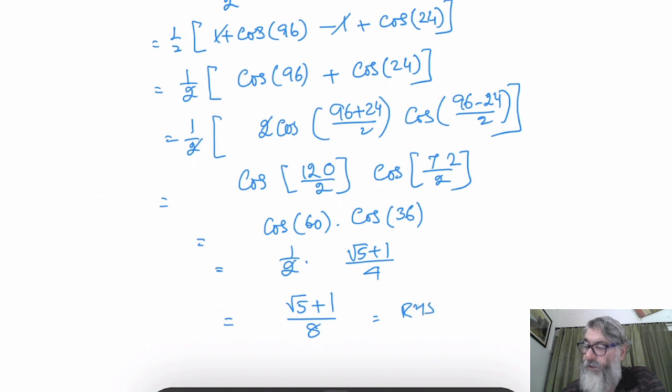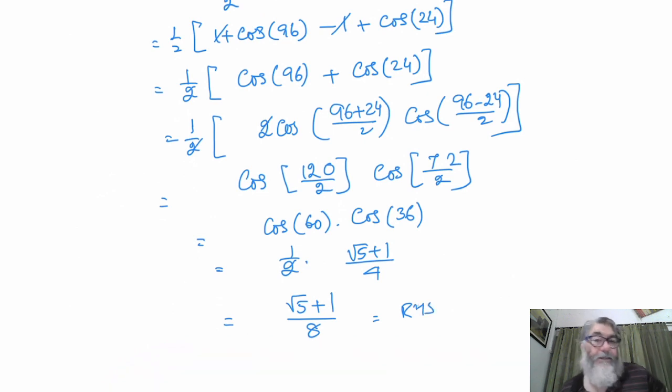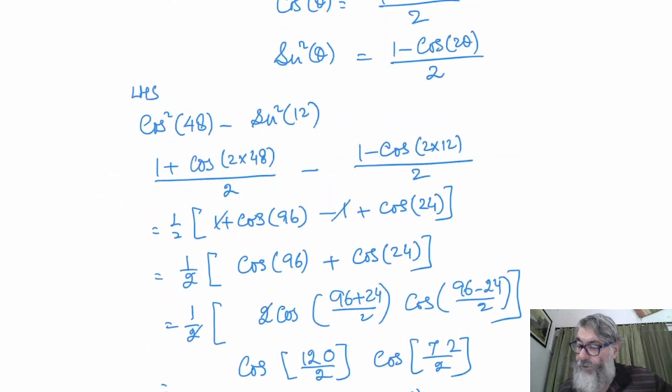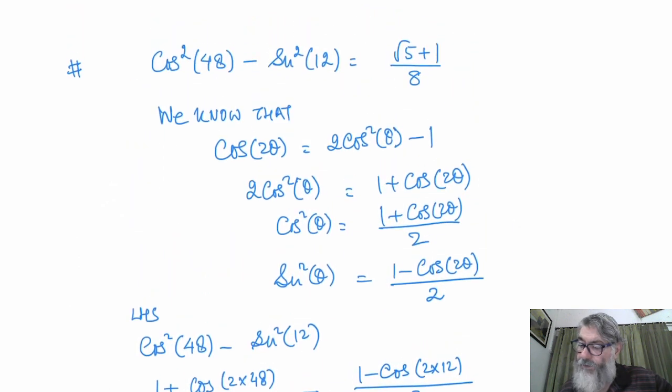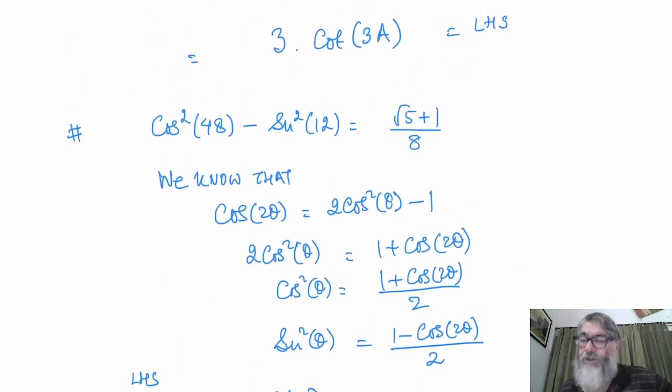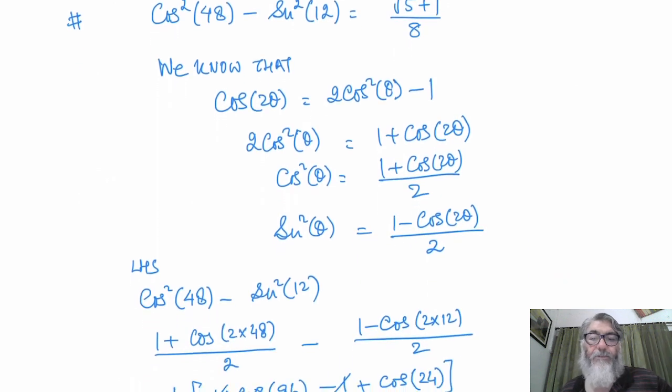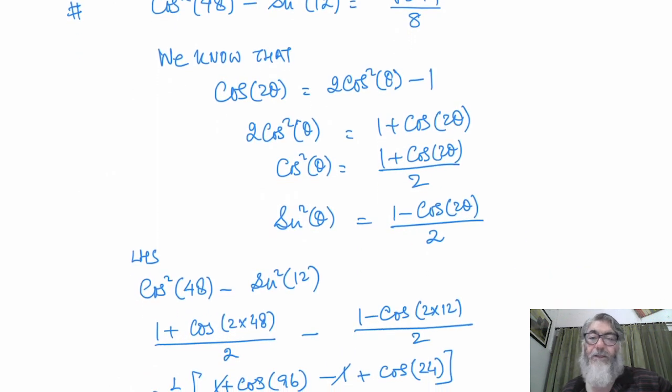So we started from the left and arrived at the right hand side. What we used was the formula that cos square theta is 1 plus cos 2 theta upon 2 and sin square theta is 1 minus cos 2 theta upon 2. These are important formulas.